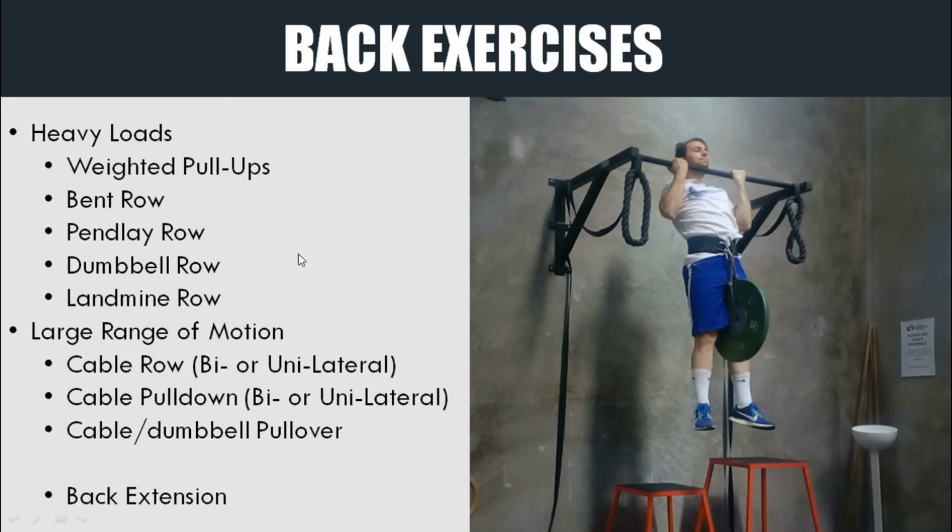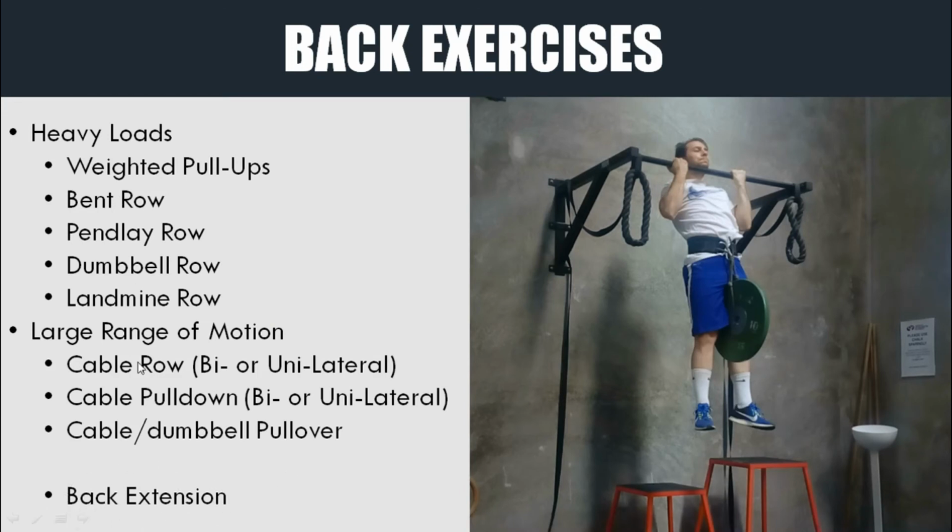And the other thing to mention here is that we want a mixture generally of vertical pulling and horizontal pulling. And that's just going to hit basically the same musculature, but slightly emphasize different muscles.